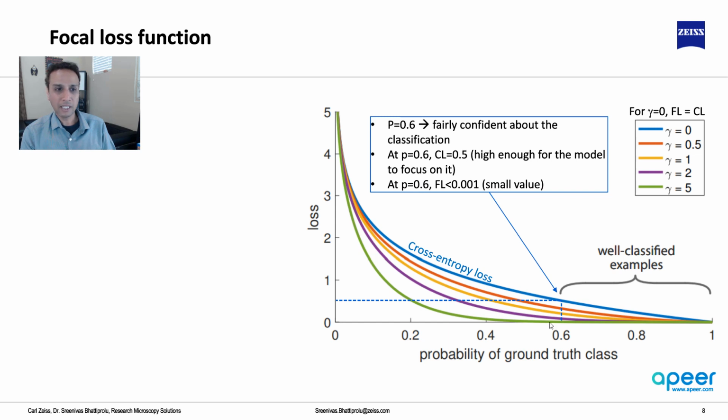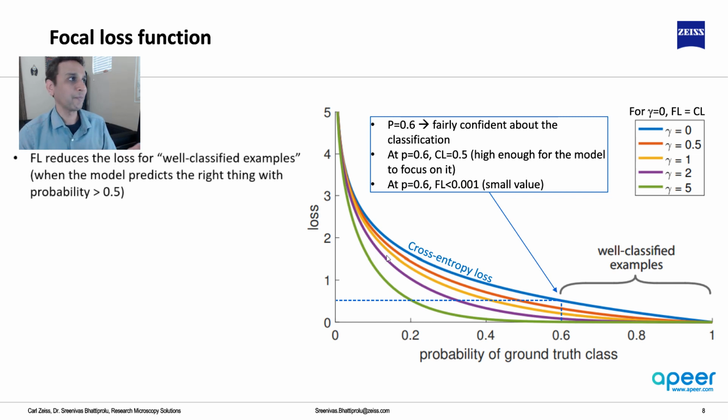Okay, that means if you're using cross entropy loss, you're wasting your resources trying to perfect something that's probably very close to perfection. But if you're looking at focal loss, the more emphasis is put on things that are not classified properly, right down here, versus the ones that are classified with fairly high confidence. That's the summary of focal loss without using much math.